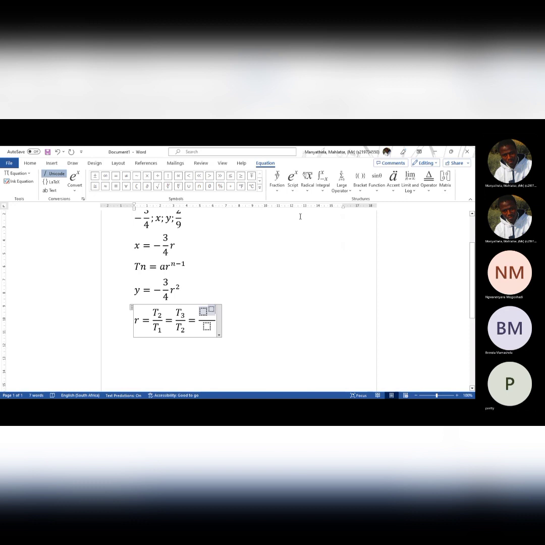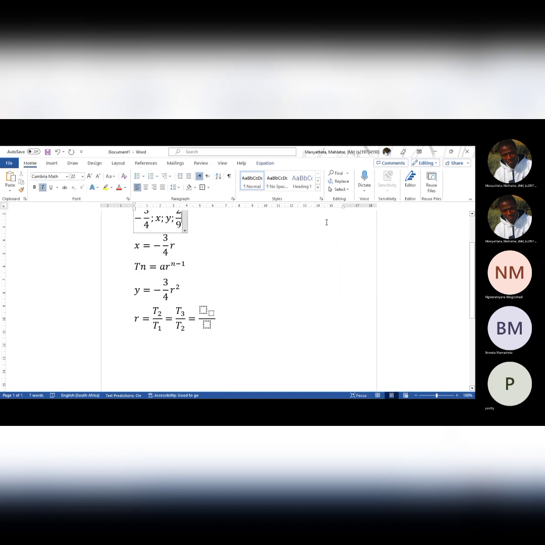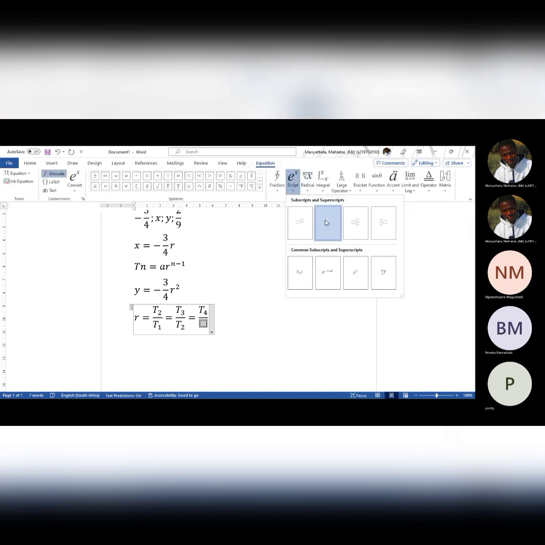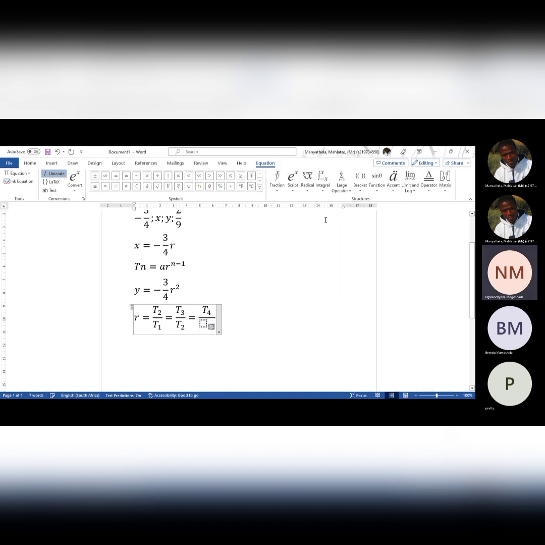For as long as you understand this part, then it means we can continue. Do you all agree on the ratio in a geometric sequence? Yeah, fine. I do. Yes.